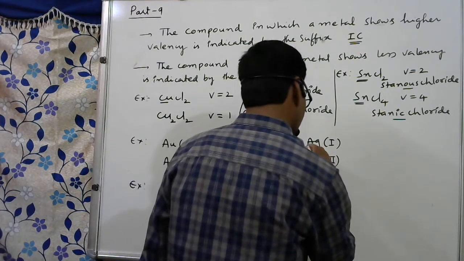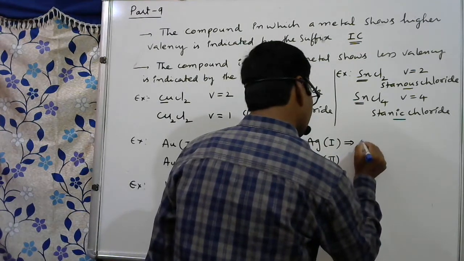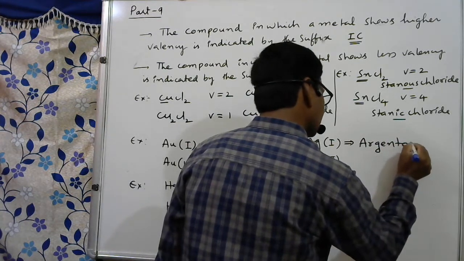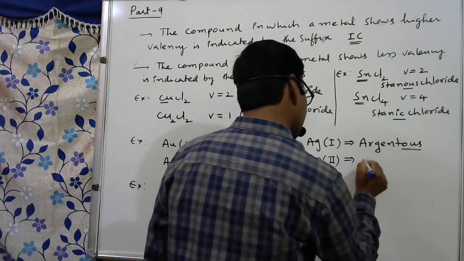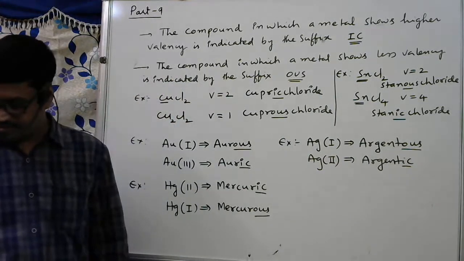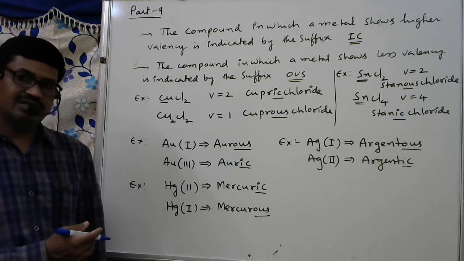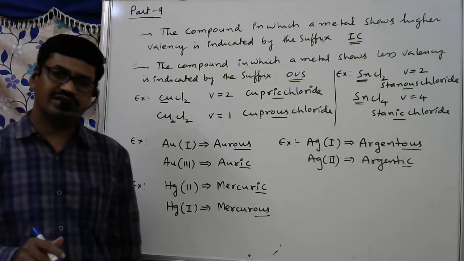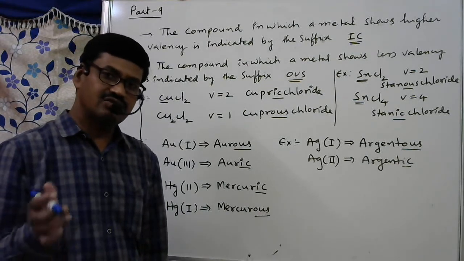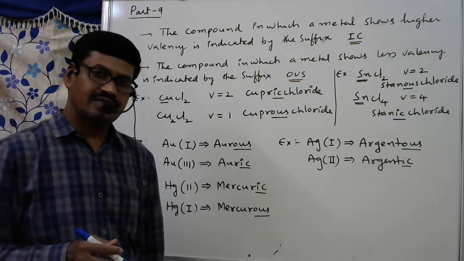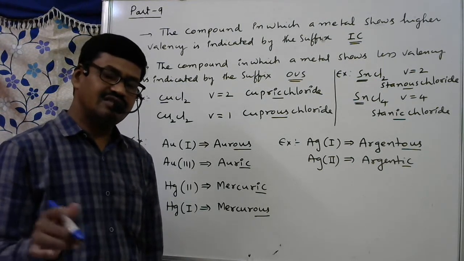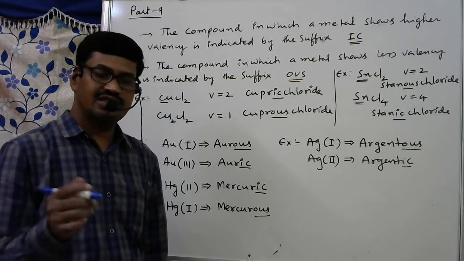The Latin name of silver is argentum, so we can write argentous and then argentic. Similarly gold and silver are written. Many elements and many ions we can write. For the same metal, if you observe two valencies in different compounds, then in lower valency we pronounce it as the ous ion, and in higher valency as the ic ion.